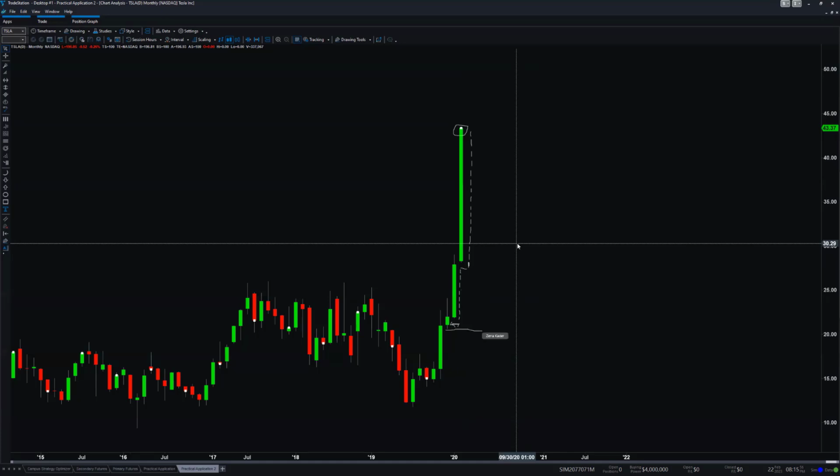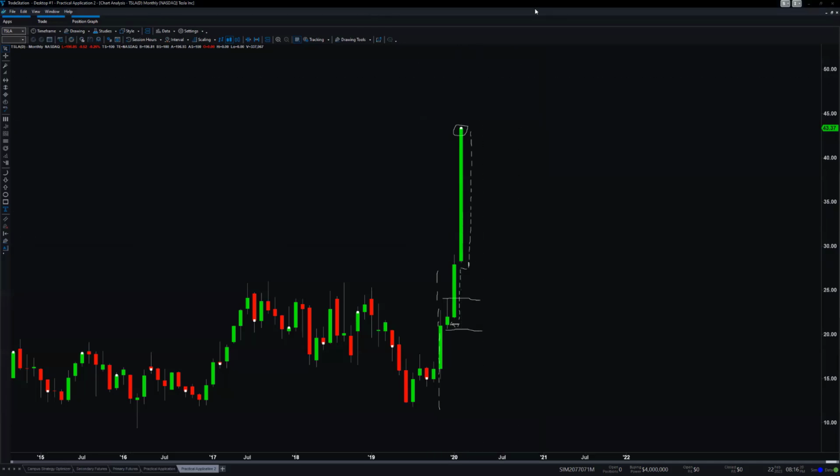And a decisive candle. So now what Zina's doing, she's wrapping the lines around the leg in, and the leg out. Okay.